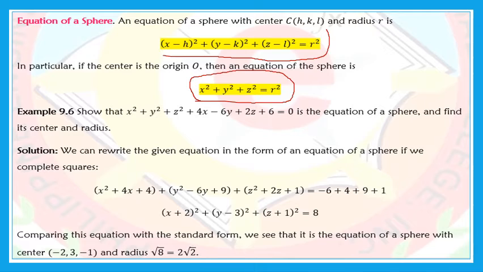We can rewrite the given equation in the form of an equation of a sphere if we complete squares. So, ibig sabihin, by completing the square, na-combine natin lahat ng may variables x, si x squared plus 4x, si y squared minus 6y din, then si z squared plus 2z, and then yung constant na 6 is transpose natin sa right side.